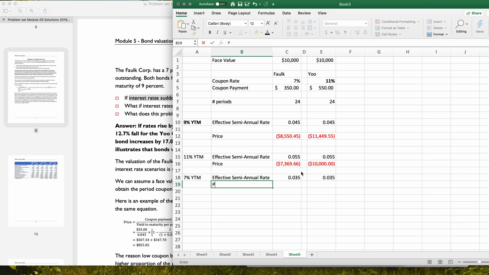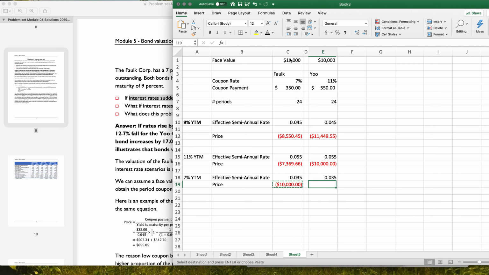And let's do the price. Equals PV. The rate is that. The number of periods is still 24. The payment is $350. The future value is $10,000. And lo and behold, the price when you're trading at 7% is exactly par. And so the question is, what's the percent change in price?